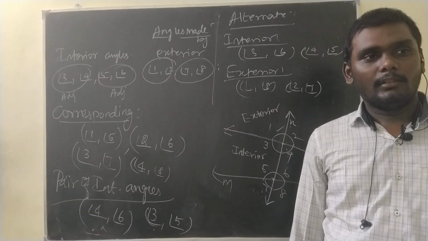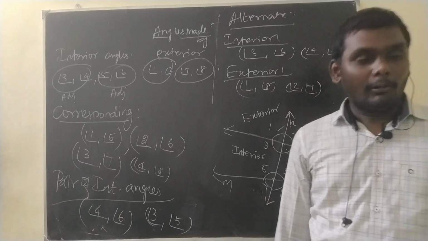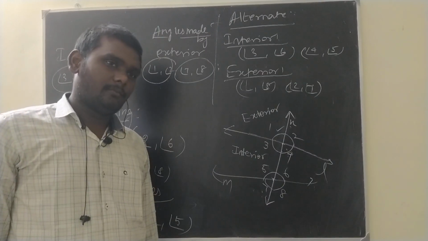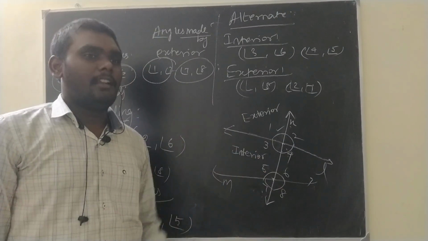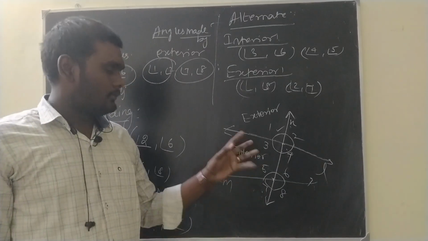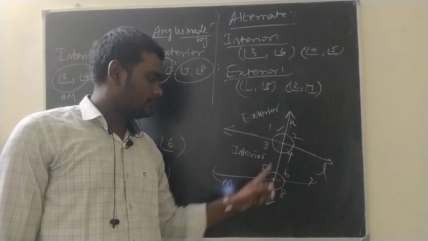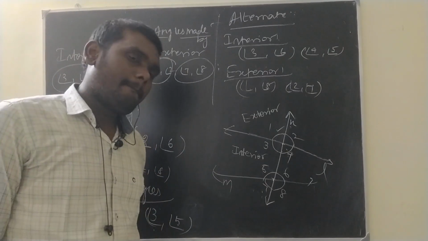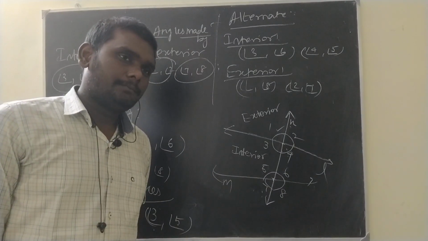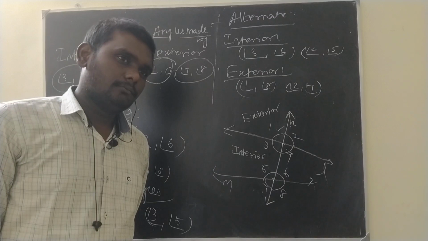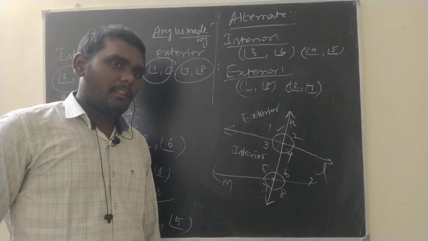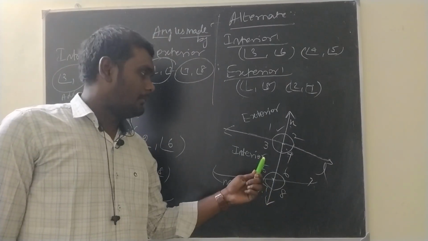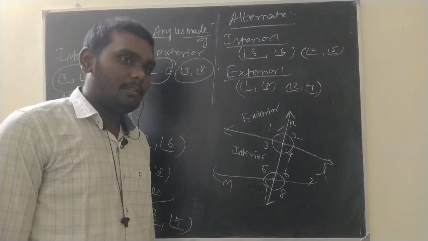Now, it's time for you to answer. How do you relate the angles 3 and 4? Adjacent interior angles. How do you call the angles 3 and 7? 3 and 7 can be called corresponding angles, bottom left to the bottom left.